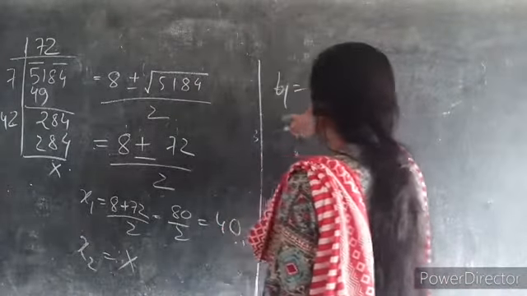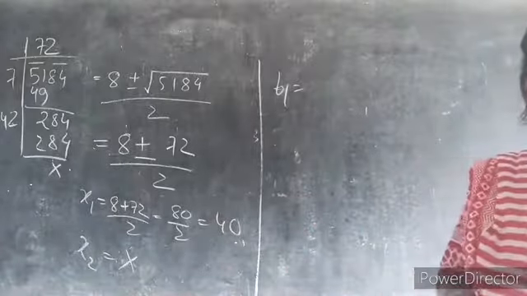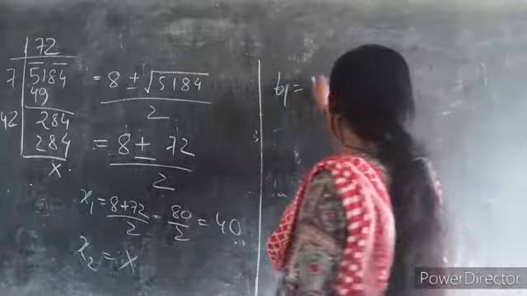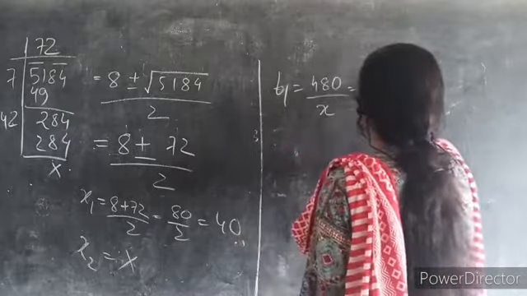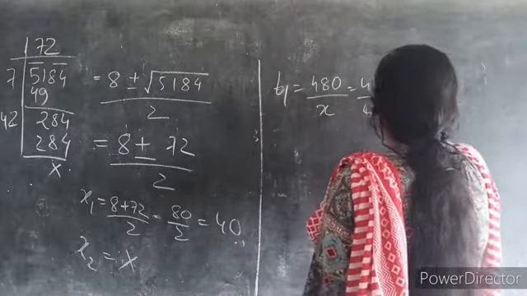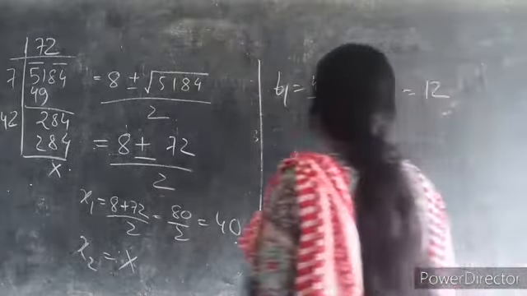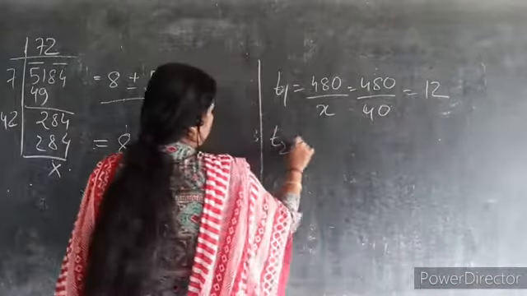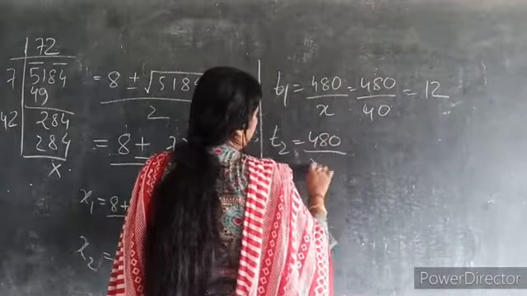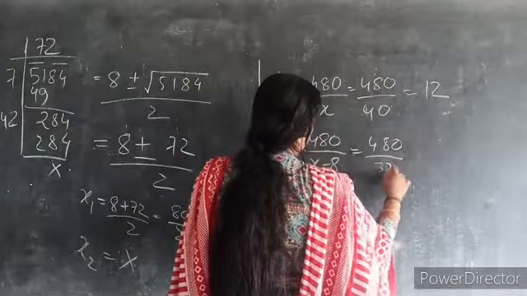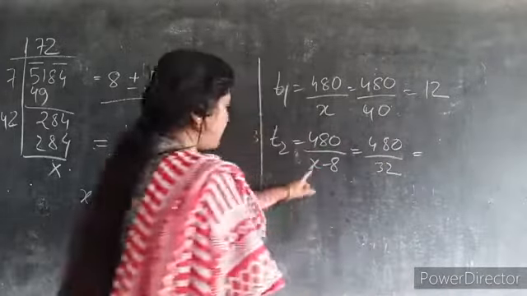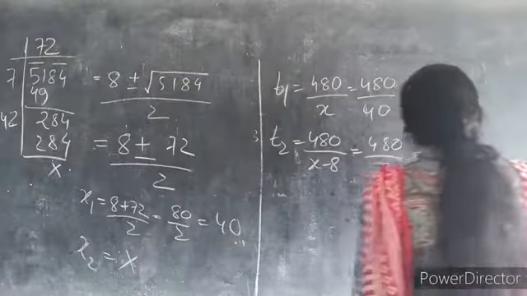So the difference of time T1 and T2 should come as 3. Let us see whether we get that or not. So 480 by x, that is 480 by 40, is coming as 12. T2 will be 480 divided by x minus 8, that is 480 divided by 32, because x is 40, 40 minus 8 is 32.